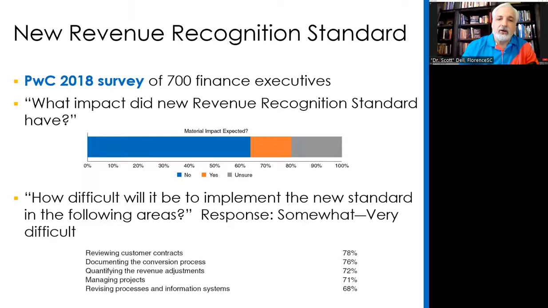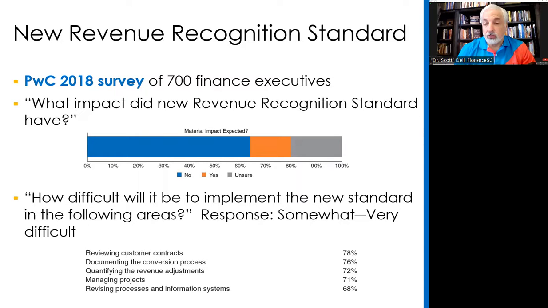And just as a commentary, in a PwC, PricewaterhouseCoopers, survey, over 60% of the folks said, you know what, it's not going to be difficult, not a big deal. What's the impact? But it's hard to do. And then they said, yep, it's going to be a major impact, 65 to 80, but we're looking at 15%.